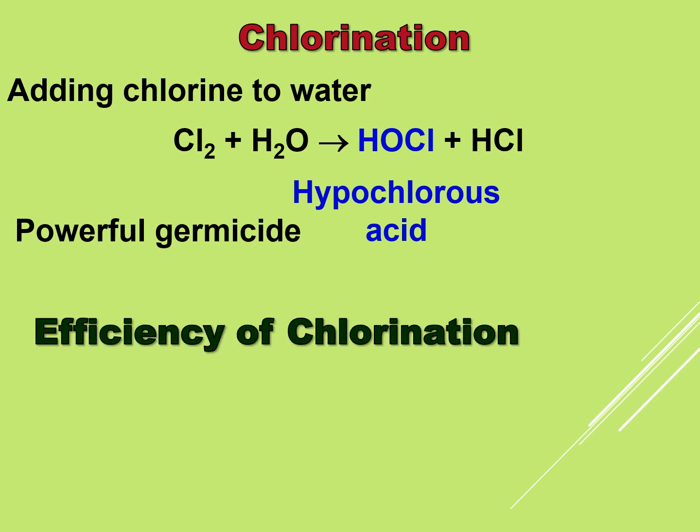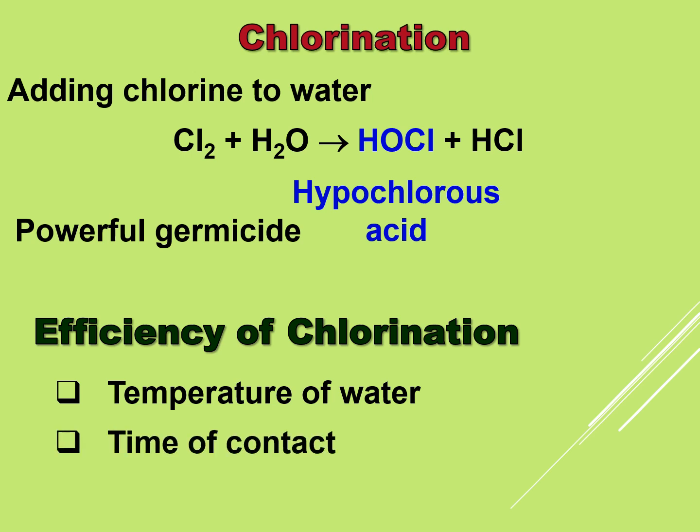What are the factors which decide the efficiency of chlorination? How do we know whether chlorination is efficient or not? Or if the conditions change, will it affect the efficiency? The temperature of water is very important. Higher the temperature, better will be the efficiency of chlorination. Second point is time of contact.